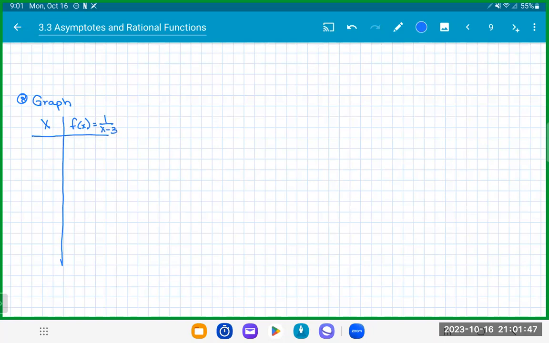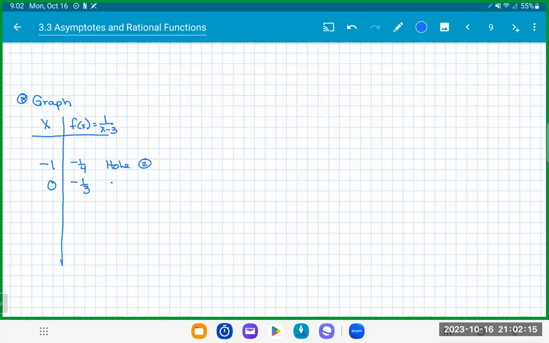So some of the points, remember from steps 1 and 2, we highlighted some things. We highlighted the hole that took place at -1, -1/4. This was the hole out of step 2. And then we also had our intercept at 0, -1/3.